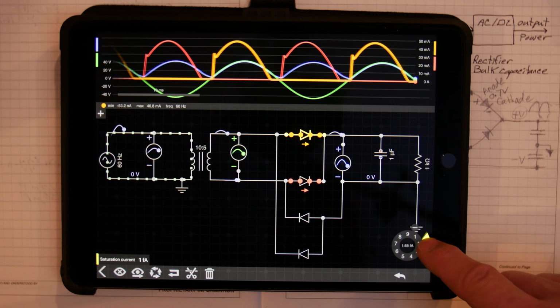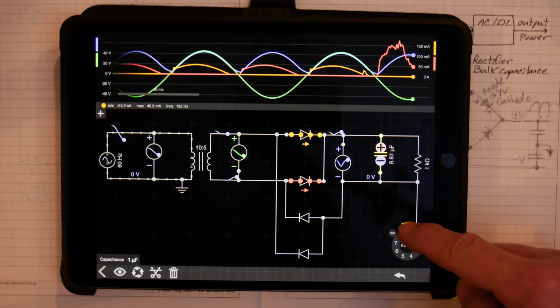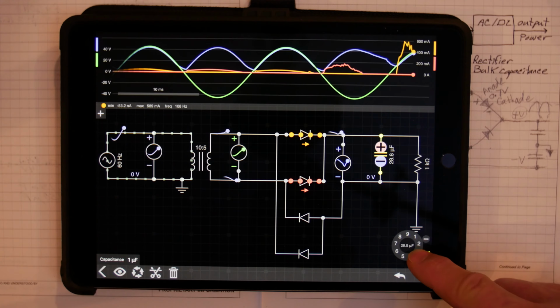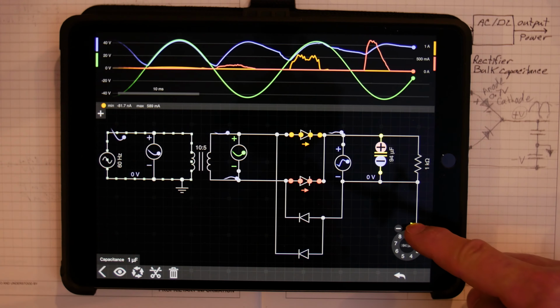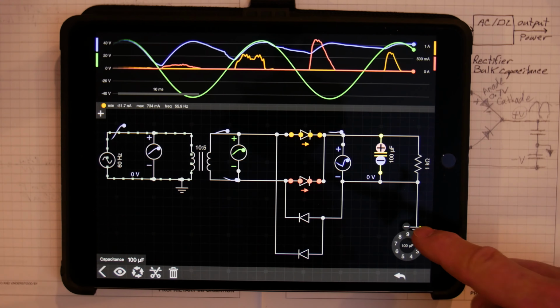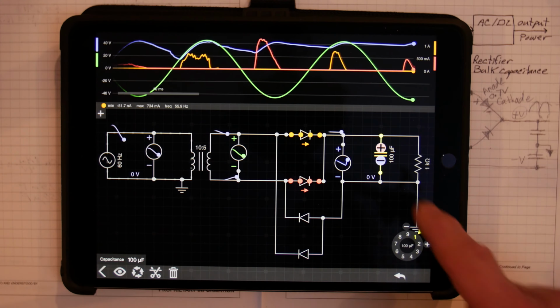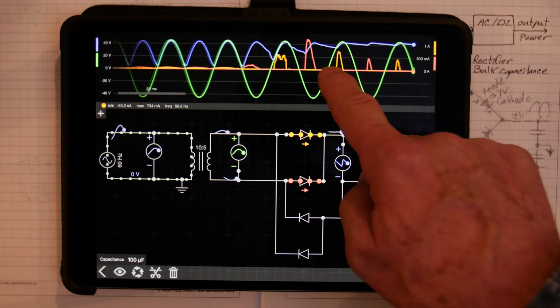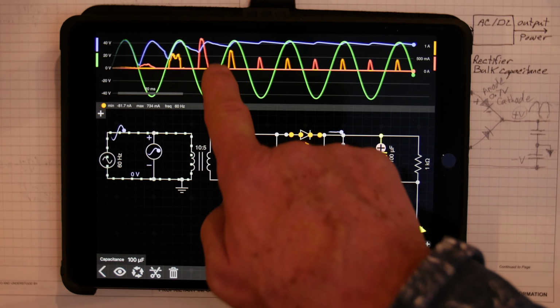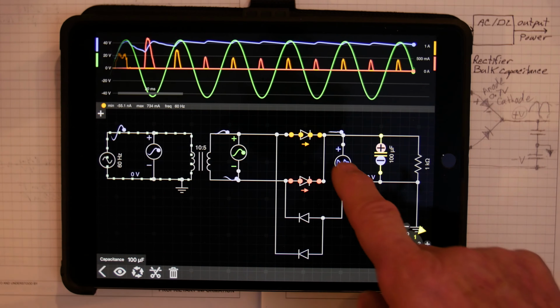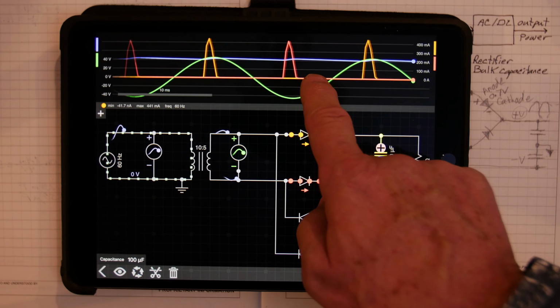So let's make that cap big again. Okay, so the first pulses, this is kind of causing some noise, but the first pulses were kind of big to charge up this cap, and then they settle down.